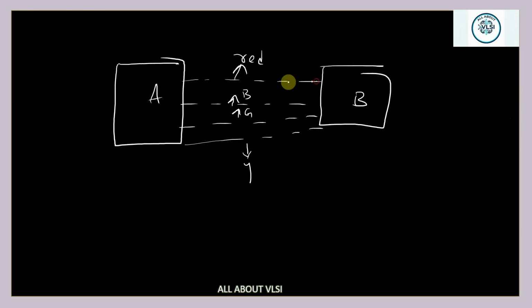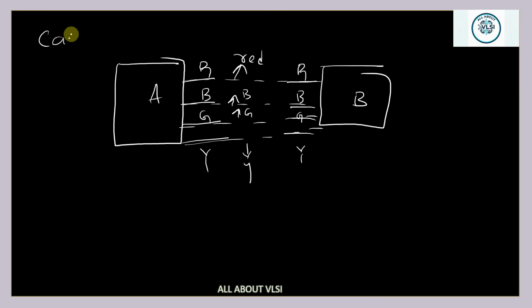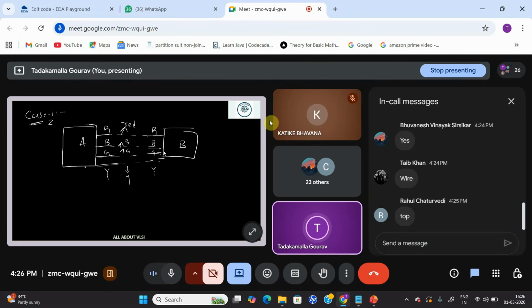And this also has red, blue, green, yellow. This is case one which I have. Now in case one, you need to connect the red line with red line, blue with blue, green with green, and yellow with yellow, or else this will blow out.